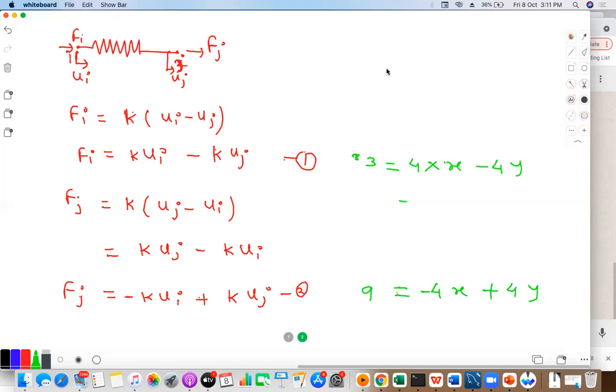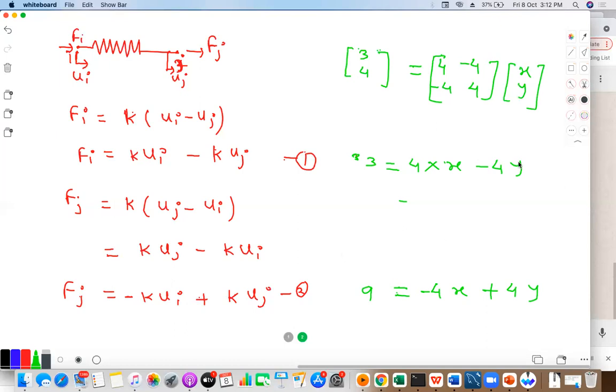And if you remember, in 10th class, you used to write this in the matrix form, like 3, 9 is equal to the matrix with 4, minus 4, minus 4, 4, into x and y.